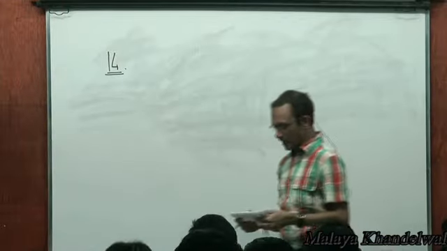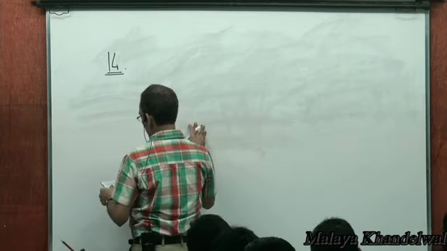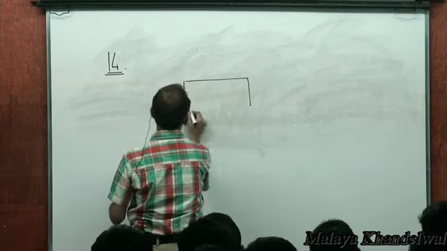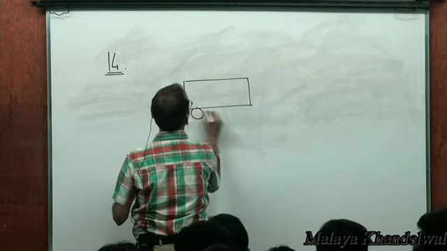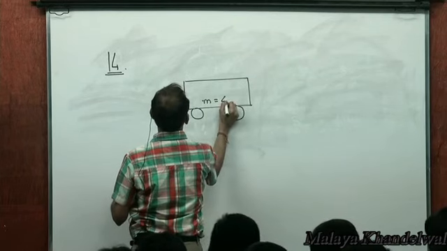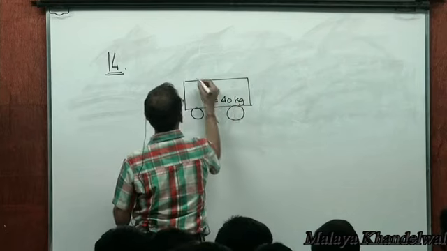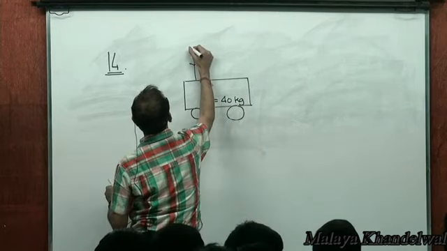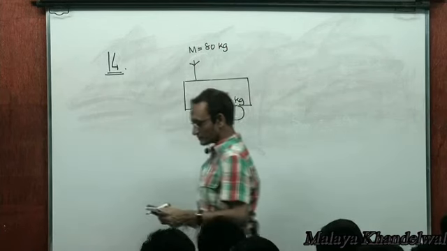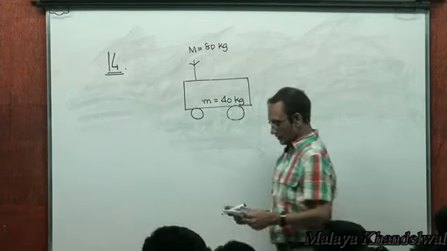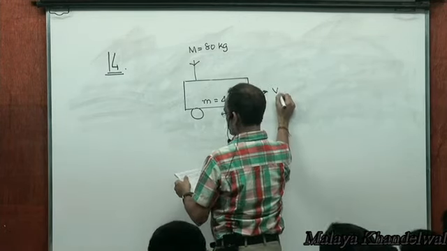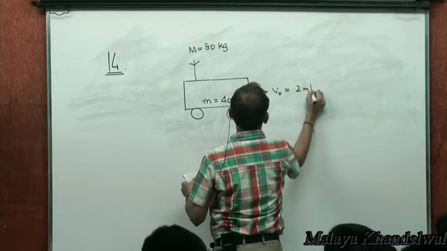A man of mass 80 kgs is riding on a small cart of mass 40 kgs, which is rolling in this direction with a velocity of 2 meters per second.